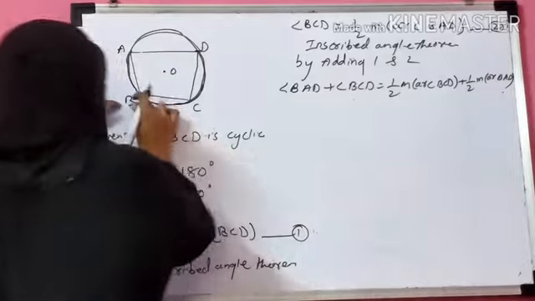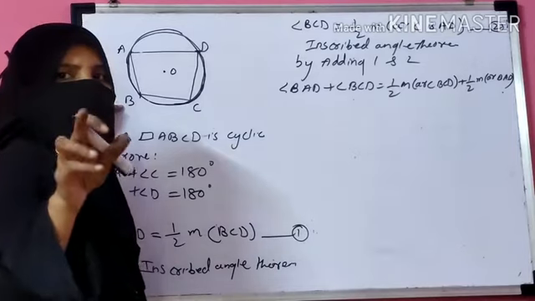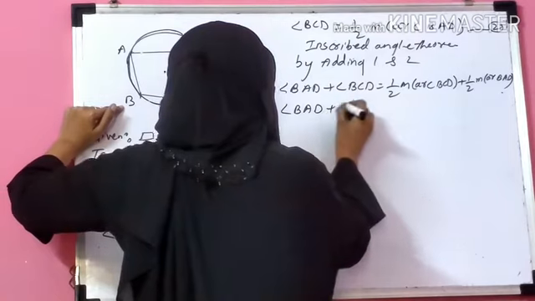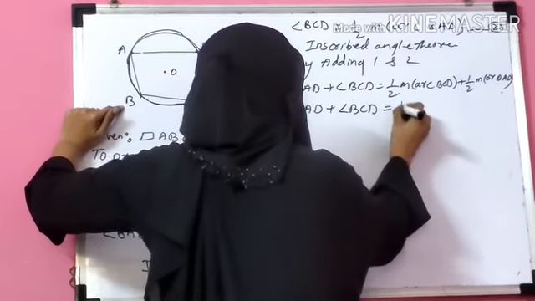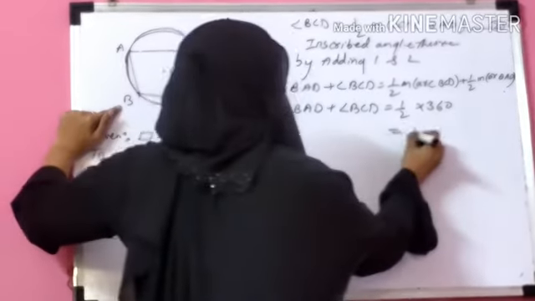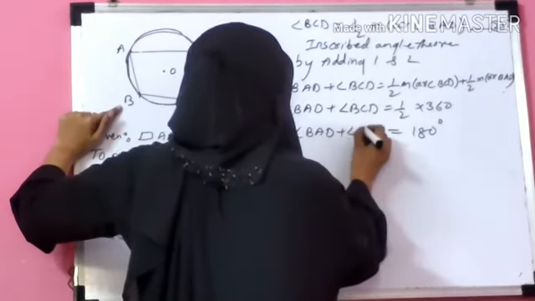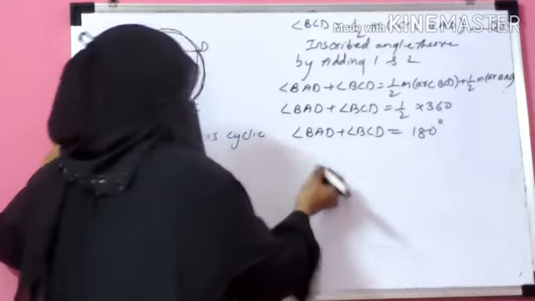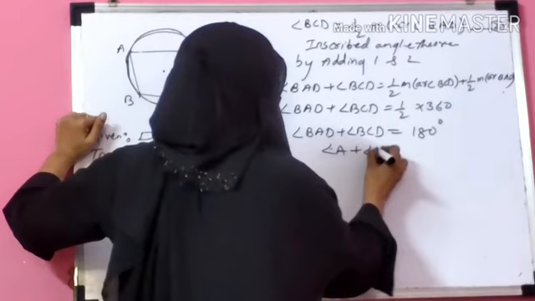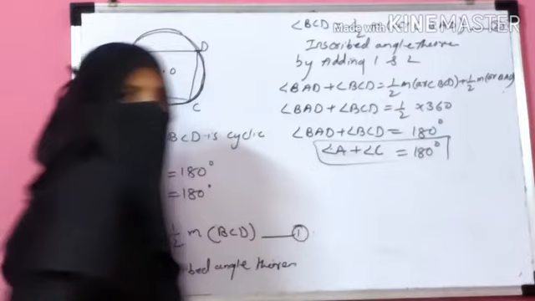Now observe here, BCD plus BAD complete the whole circle, and you know the measure of the whole circle is 360. So angle BAD plus angle BCD is equal to half of 360, which is 180 degrees. In one letter you can write angle A plus angle C is equal to 180 degrees. The first part we have proved here.